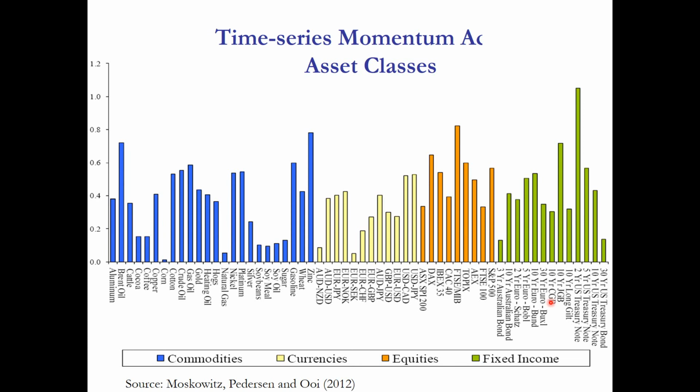Now, momentum is not confined to the equity asset class only. As I indicated earlier, momentum is evident across a large range of different asset classes. This is a paper by Asness, Moskowitz, and Pedersen in 2012, where they look at commodity returns, currency returns, international stock indices, and also fixed income securities.